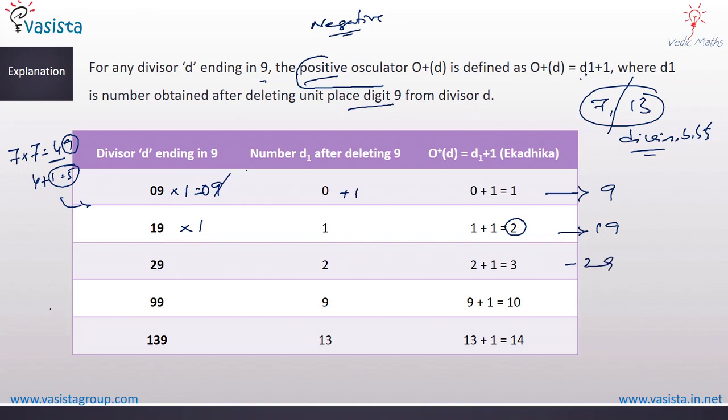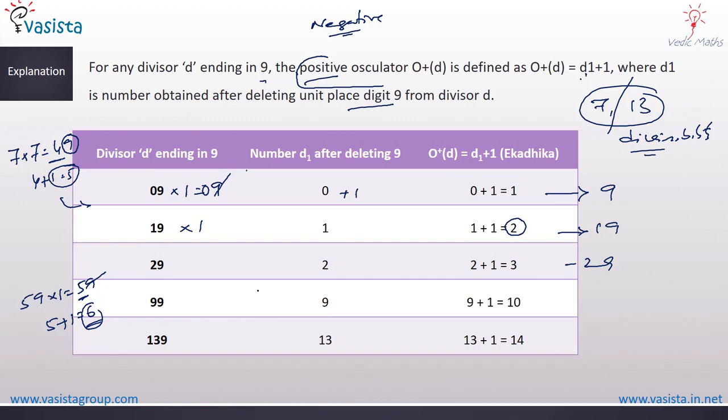For example, for 59, 59 ones are 59, leave 9, 5, add 1 to it, 5 plus 1 is 6. 6 is the Ekadhika of 59. See the beauty of this: you are not going to divide by the actual divisor 59, you are going to divide by 6 to find whether the given number is divisible by 59 or not.